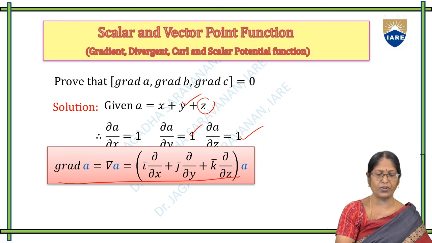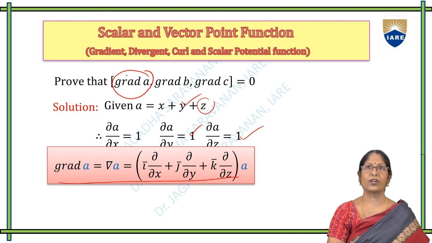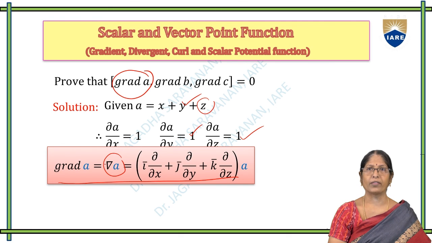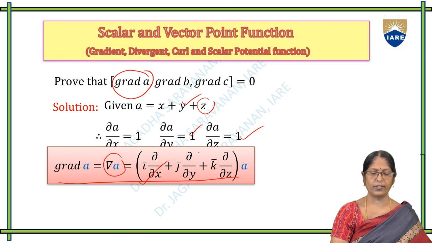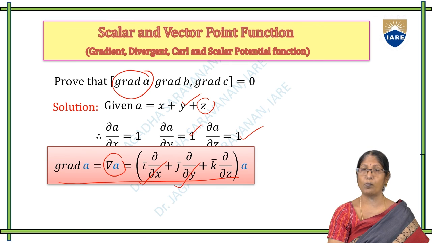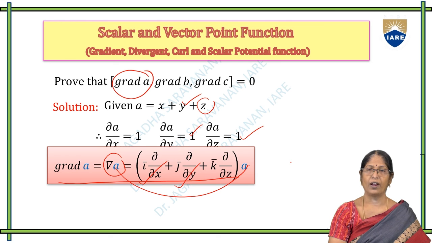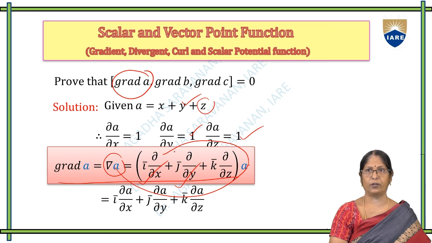Now we can see it here. First, we are focusing on gradient A. So the gradient A, with the mathematical symbol notation, is equal to i into dou by dou x plus j into dou by dou y plus k into dou by dou z, this A which is written as it is. Now the next step, we will take the A inside the bracket.